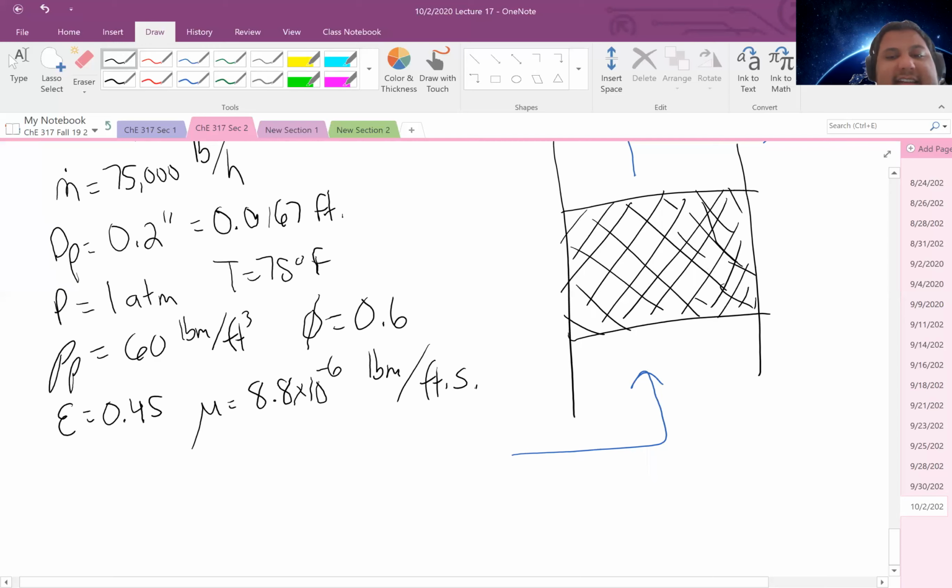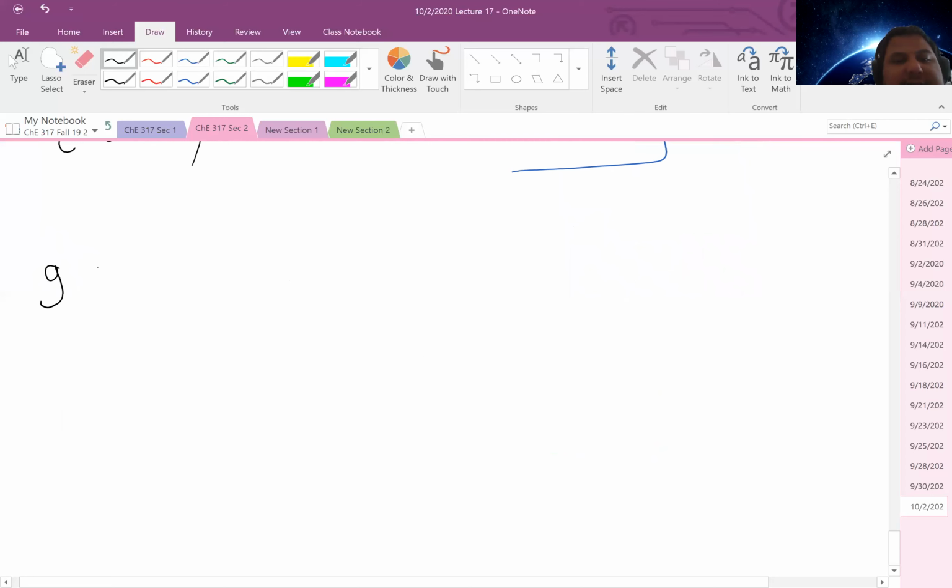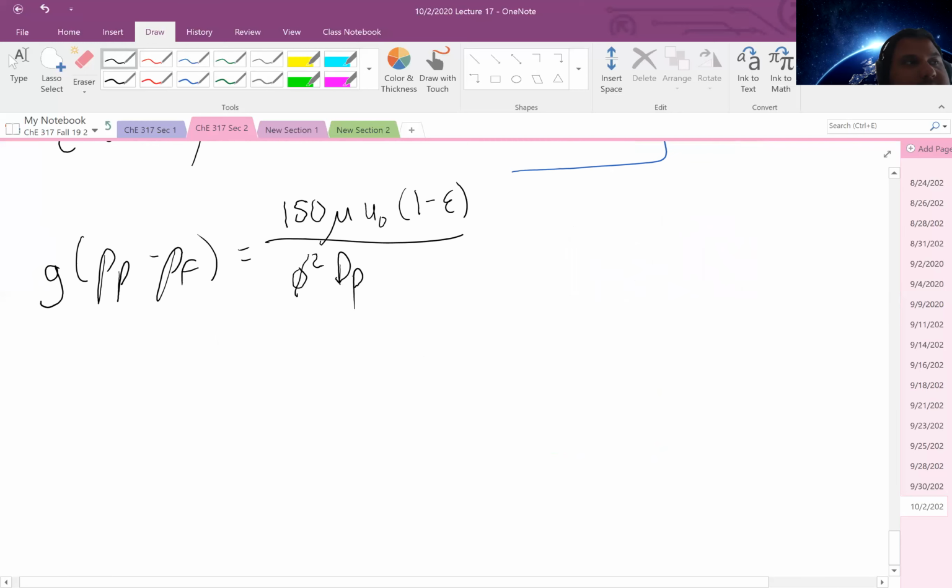So what I need to do is look at our expression for our fluidization velocity and figure out what we need to identify, which I will write out. I feel like I'm missing a term somewhere.